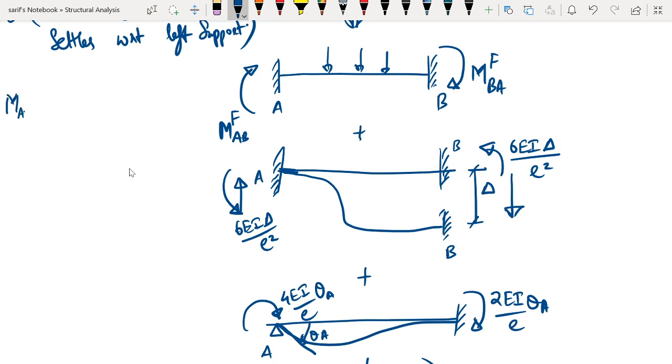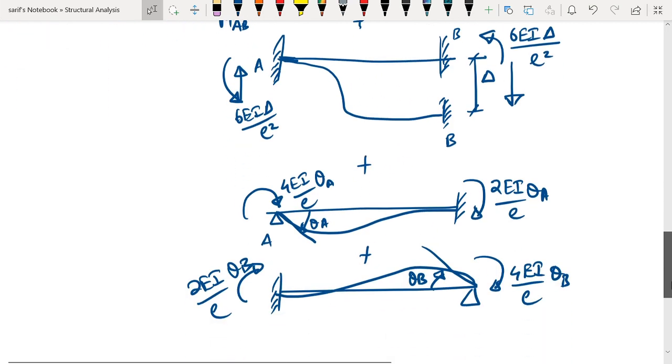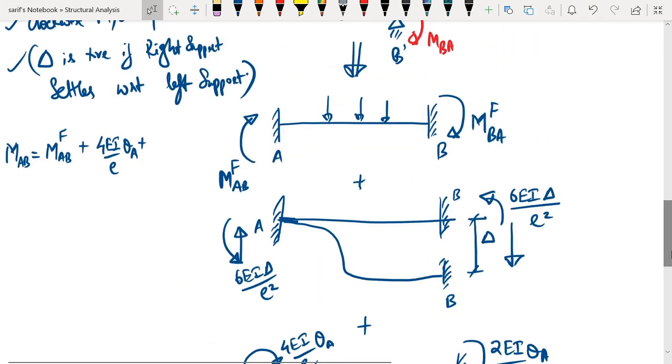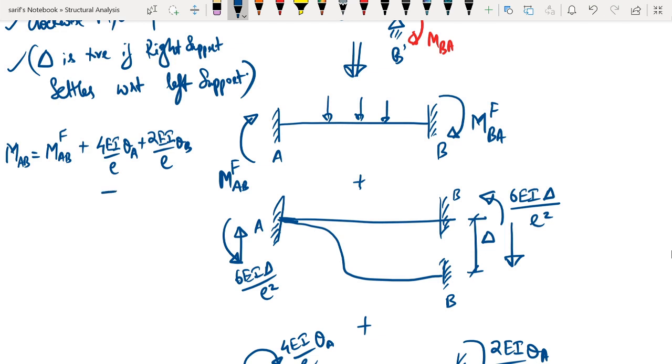MAB, which is clockwise, is equal to MFAB, that is this one, plus from this case 4 EI by L into theta A. From the next figure, it is 2 EI by L into theta B, and the last term is in the anti-clockwise direction, so minus 6 EI delta by L square.